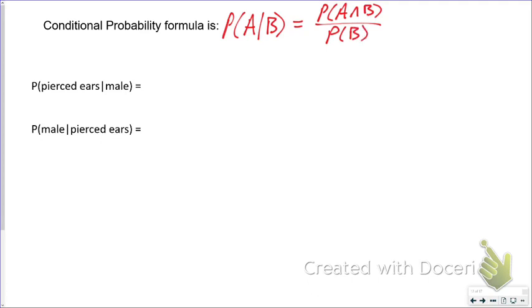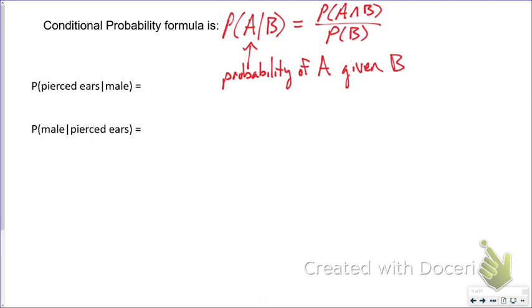And you read that probability of A given B. So that vertical line is read as given. Given that B happened, you almost have to read it backwards. Given that B has happened, what is the probability of A?